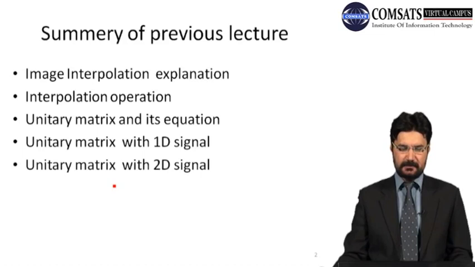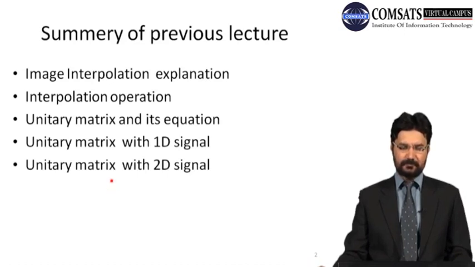In the previous lecture, we were looking at image interpolation, explaining how it works and what its importance is. Then we learned how to perform the operation of interpolation on a one-dimensional image or signal, and if it is a two-dimensional image or signal, how we manage it.